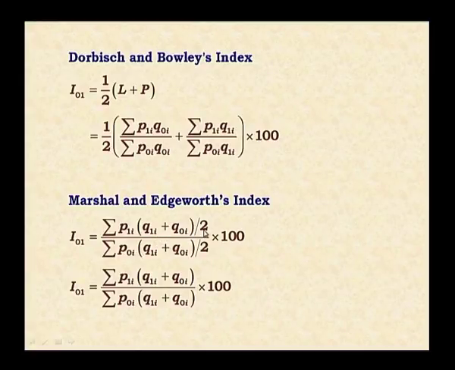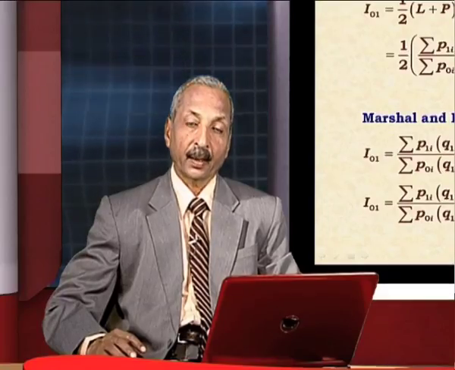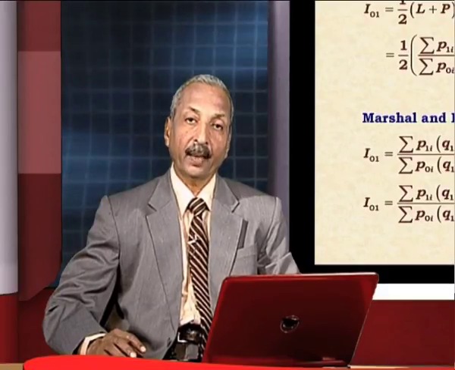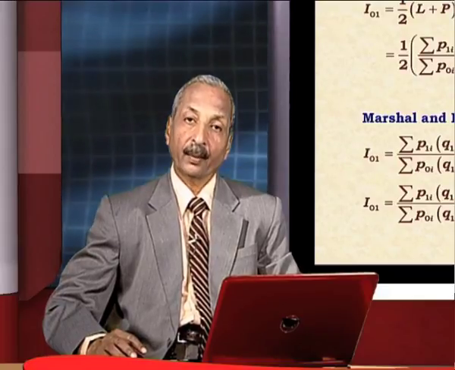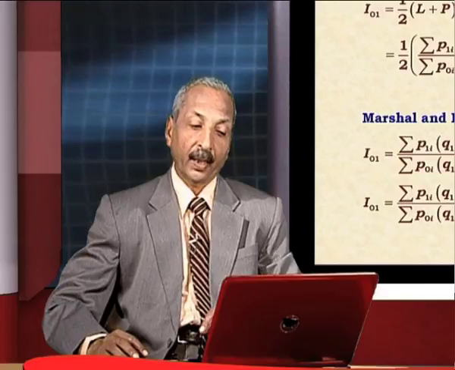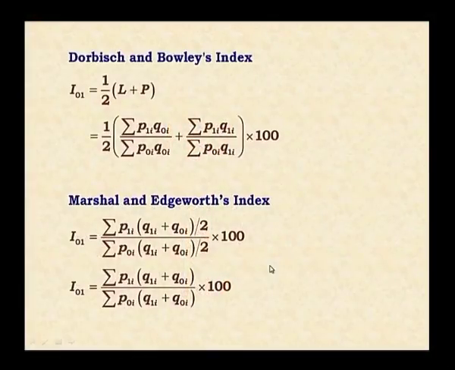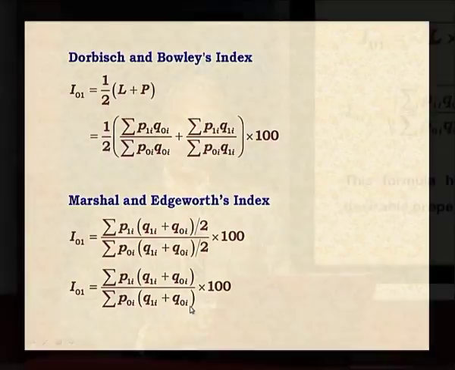That is, if I consider the weighted aggregative index number, that is summation P1i times Wi divided by summation P0i times Wi, the value of Wi is Q1i plus Q0i divided by 2, and this formula on simplification gives me I01 is equal to sigma P1i times Q1i plus Q0i divided by sigma P0i times Q1i plus Q0i.